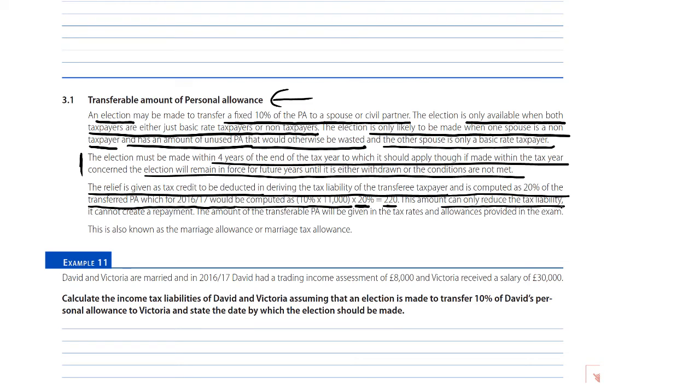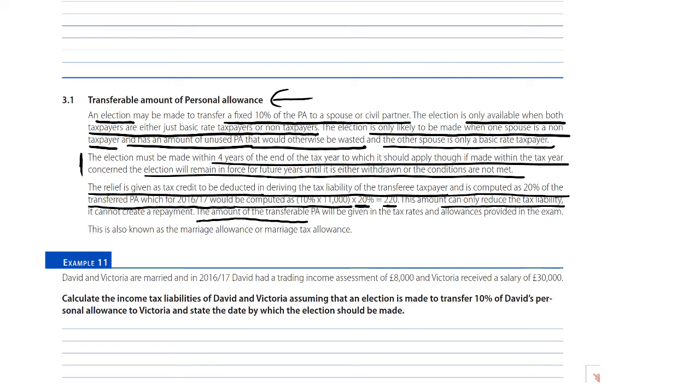But if your tax liability before this was otherwise less than £220, you can't have a repayment. All this would do is reduce that lower figure, £100, 150, 200, whatever it might be, down to zero. So it'll save that amount of tax liability. But otherwise, you get to deduct £220 in your tax liability calculation.